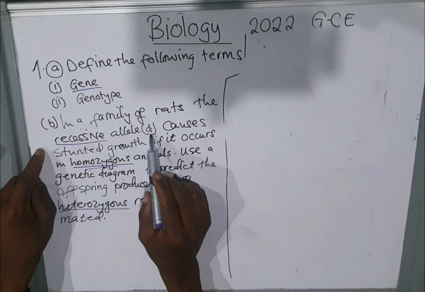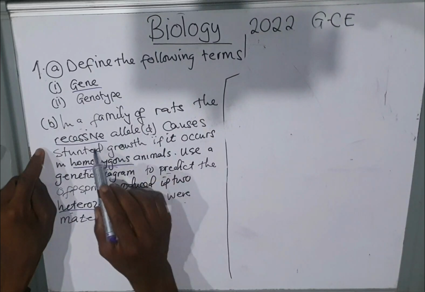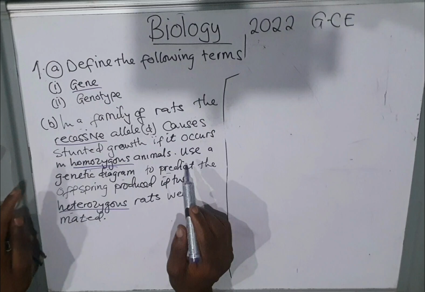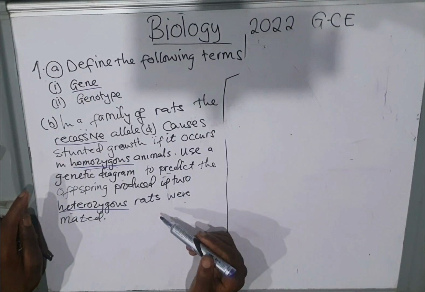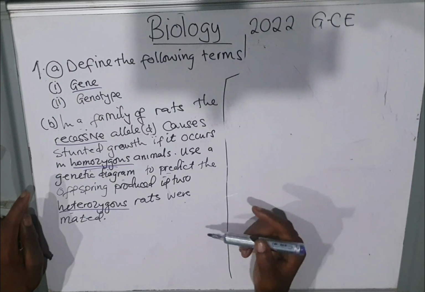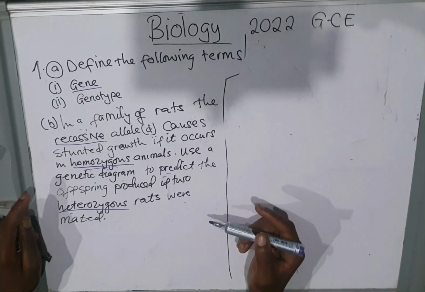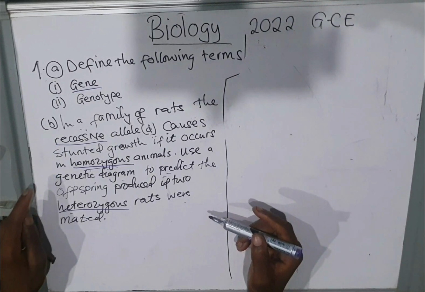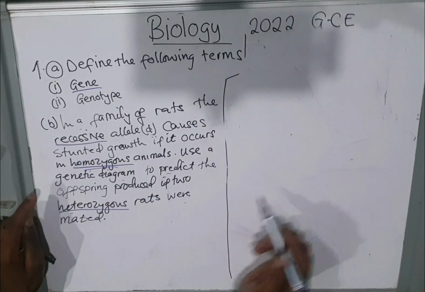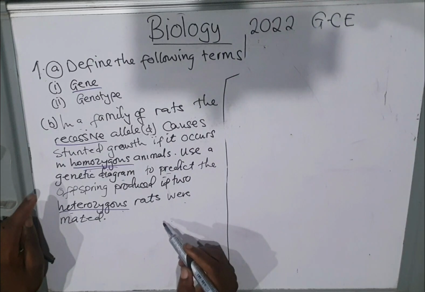Capital letters mean dominant allele. A dominant allele is an allele which masks the recessive. The dominant allele shows itself in an offspring more than the recessive allele. Homozygous simply means the same type of allele. Heterozygous simply means different types of allele.